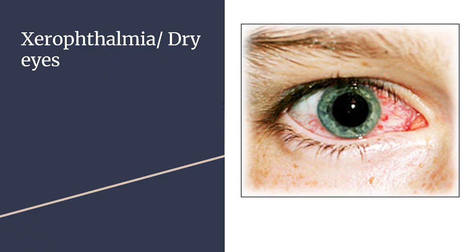Xerophthalmia, the Greek term for dry eyes, is a medical condition in which the eye fails to produce tears. It's very common these days due to the extensive screen exposure that we have. It may be caused by the deficiency of vitamin A and is sometimes used to describe that lack, although there may be other causes.